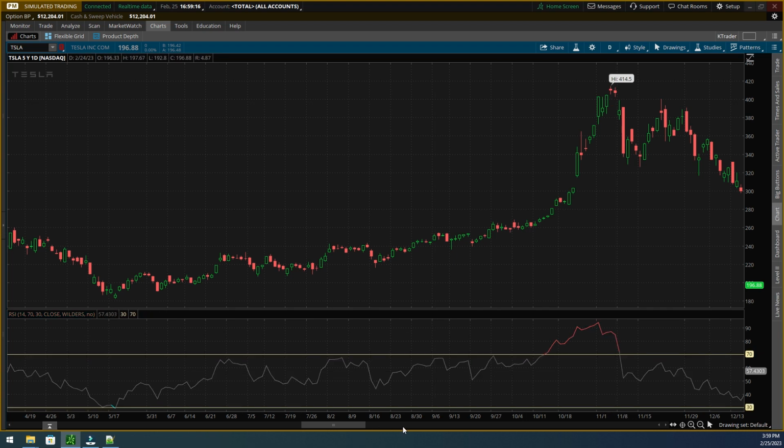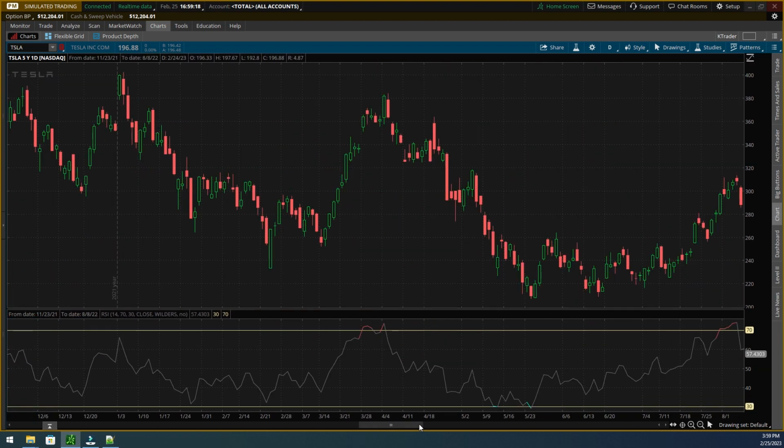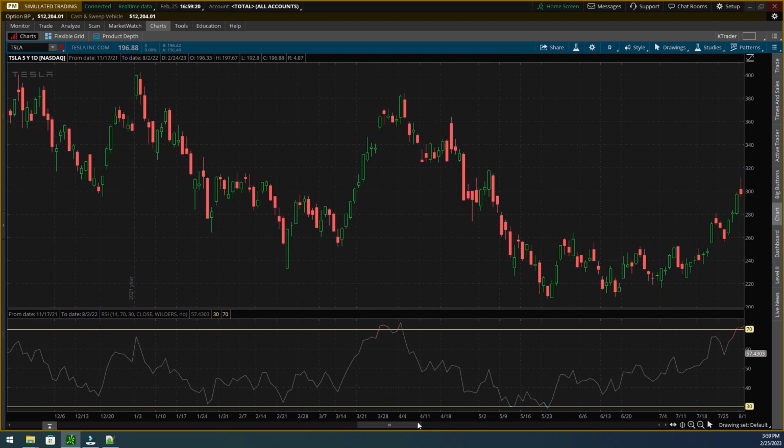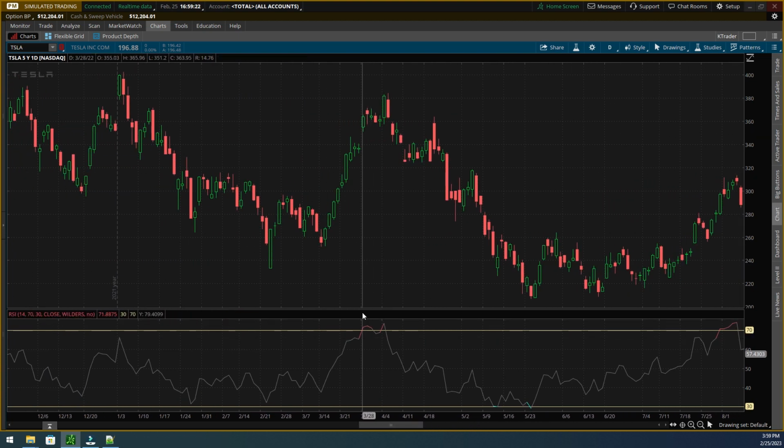But there are times in which this indicator does work out. For example, in March, the indicator did say that Tesla is in an oversold condition on March 28th, 29th, and within a few days the market started to sell off.